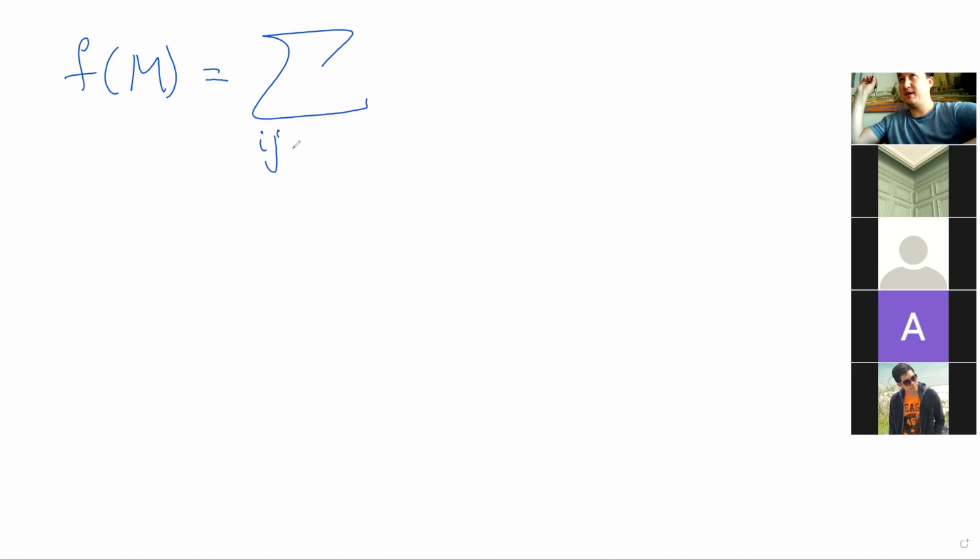Oh, actually, we don't need the mask matrix. Sorry, forget about the mask. I will just make it simpler. So, over all entries for which Aij is defined, we take Aij minus Mij squared.